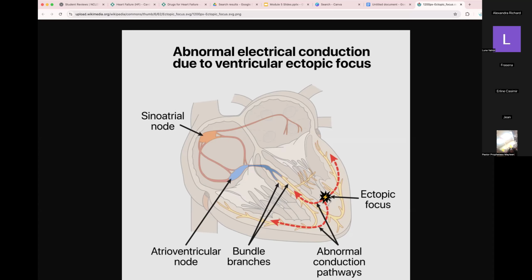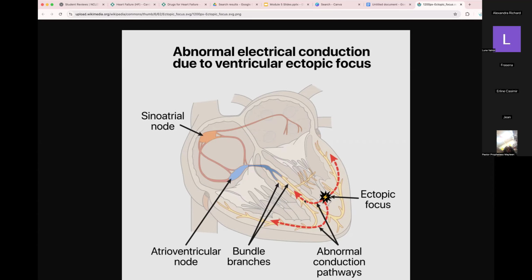So this is a patch of heart muscle cells that for some reason are irritated, and it could be because of electrolyte abnormalities, because remember we always say that when potassium is out of balance or any electrolyte is out of balance, it can irritate the muscle cells, and it can lead to the generation of an abnormal electrical impulse. And this can take over the conduction system and cause an abnormal heart rhythm.